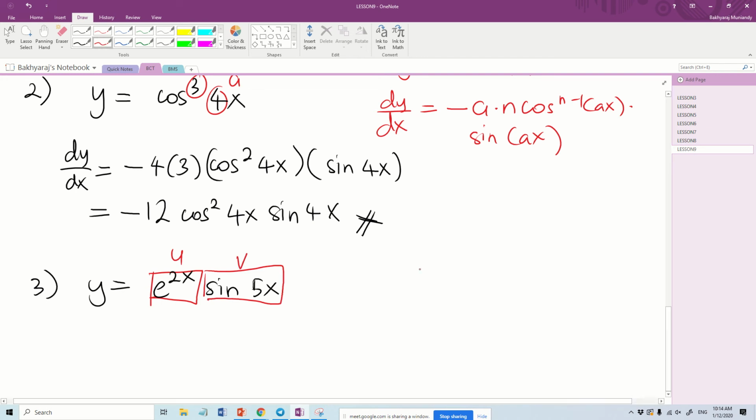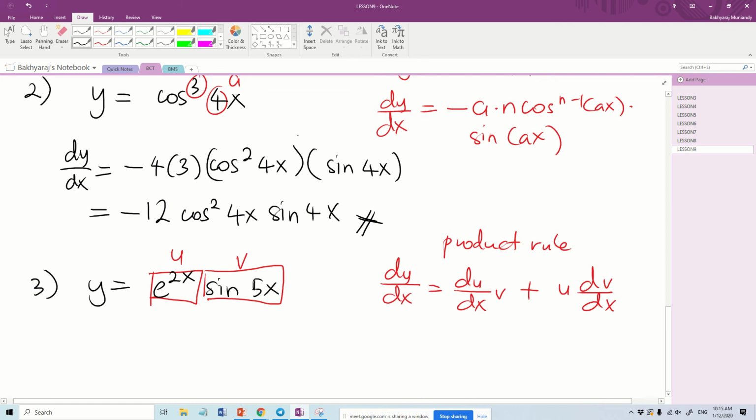Remember what is the formula? So dy dx will be equal du dx v plus u dv dx. So this is what we call the product rule. So how to differentiate your u? You should recall how to differentiate exponent.